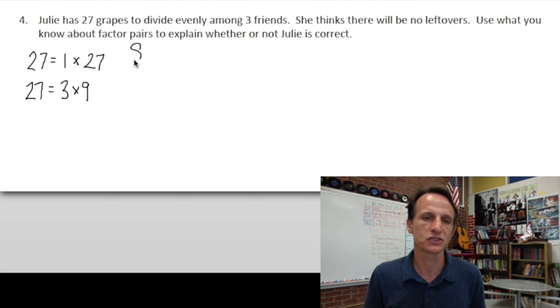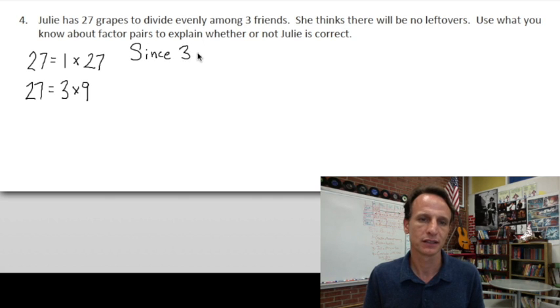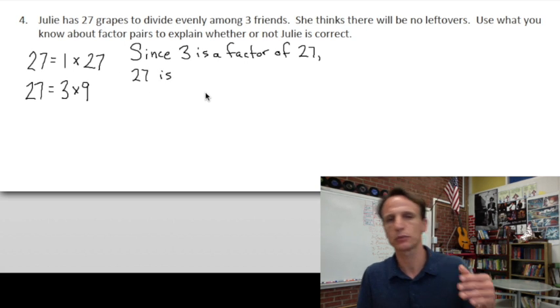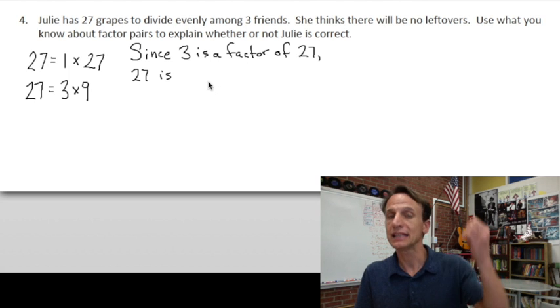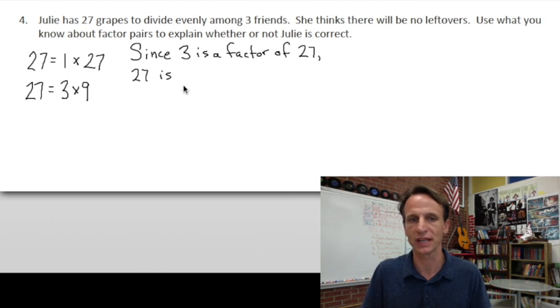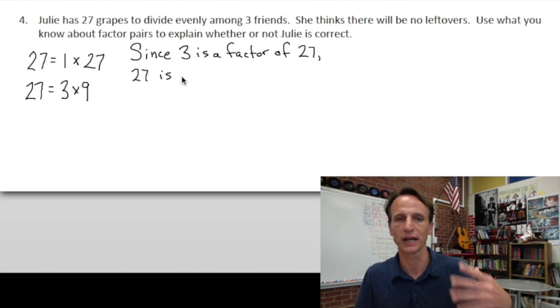Okay, so since 3 is a factor of 27, 27 is, and here's some important math vocabulary, evenly divisible. And you'll learn about divisibility rules someday. So it's evenly divisible by 3.